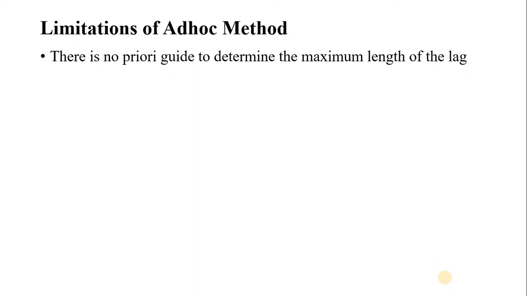What we are doing is running a trial and error method: if you include one more variable, check it, and if it is not okay, remove it. So it is a time-consuming process, and we don't have prior restrictions or prior information to determine how much lag should be included. This is one of the most important problems with this ad hoc estimation procedure.